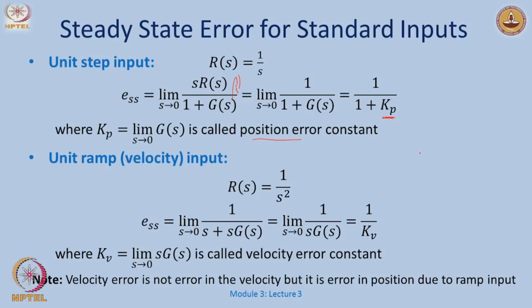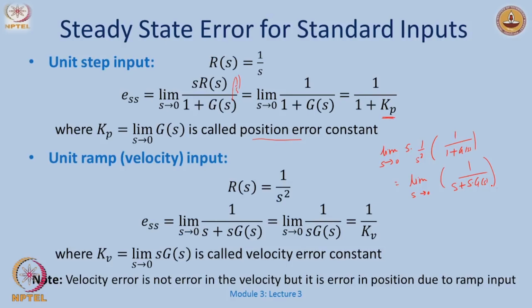So, I have the limit as s goes to 0 of s times 1 over s squared times (1 plus g of s). So, this would be the limit as s goes to 0, one of the s's would disappear and I have 1 over s plus s times g of s.